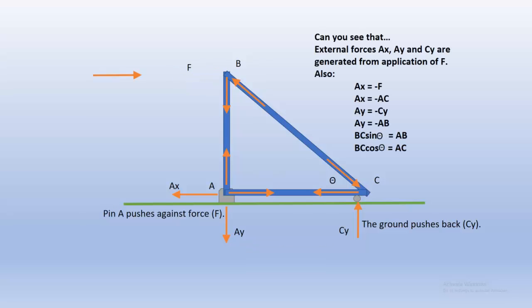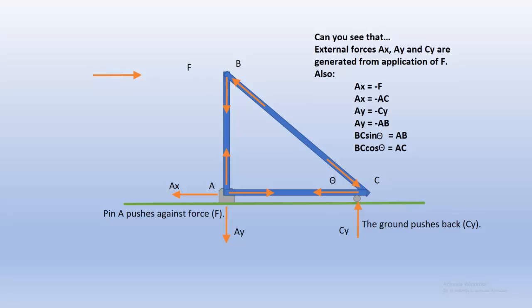And if you take a look, we can also see internally what the forces are on the beams. Again, just one more thing here, you can see, as I just mentioned, the external forces AX, AY, CY generated by F, AX equals F, AY equals Cy, equal and opposite. And then inside the beams, AX is going to be equal and opposite to AC.